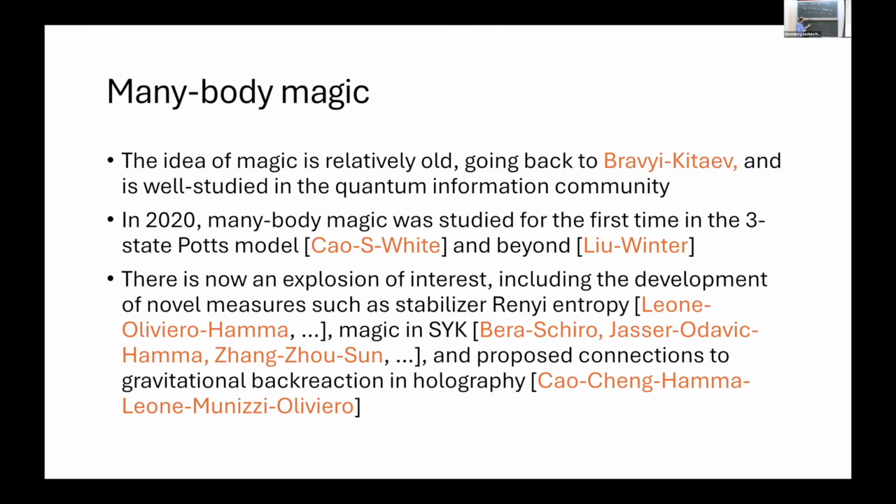And as you dial g, if g is very large, it prefers the X basis, which is a stabilizer basis. If g is very small, it prefers the Z basis, which is also a stabilizer state. So you might expect that as you tune g, this system will go from being stabilizer to stabilizer, but with something very non-stabilizer in the middle. And we showed that if you tune to the critical point, the magic is spiking in this system. Okay. And so we said, somehow, in this case, the 3-state Potts CFT seems associated with magic in some interesting way.